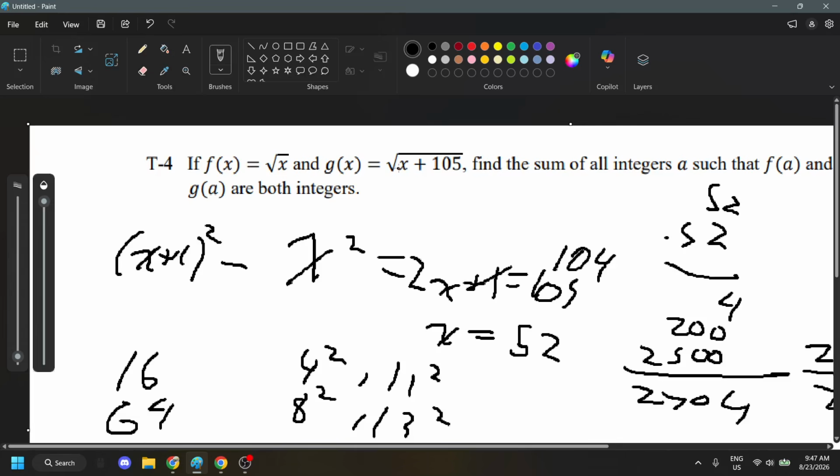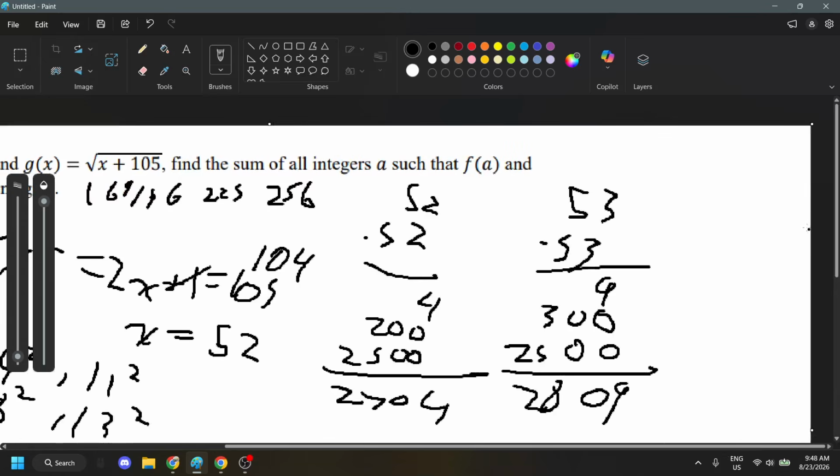Then after 169, 196, 225, 16 squared is 256. 256 minus 105 is 151. No. 17 squared is 289. 289 minus 105 is 184. And then 18 squared is 324. 324 minus 105 is 219.